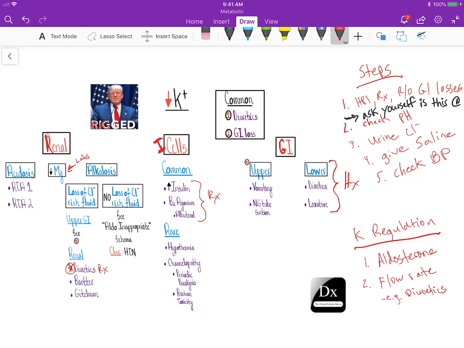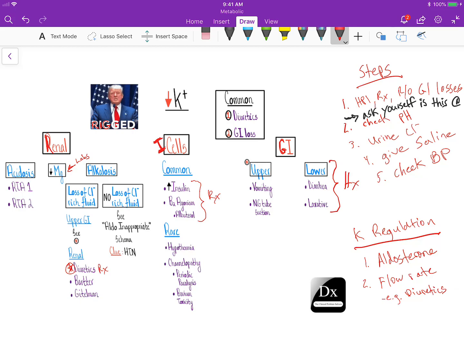All right. So after you have clued in that this is your suspected renal pathology, check the pH. This can help differentiate between renal tubular acidosis or contraction alkaloses, or alkalosis caused by other things.